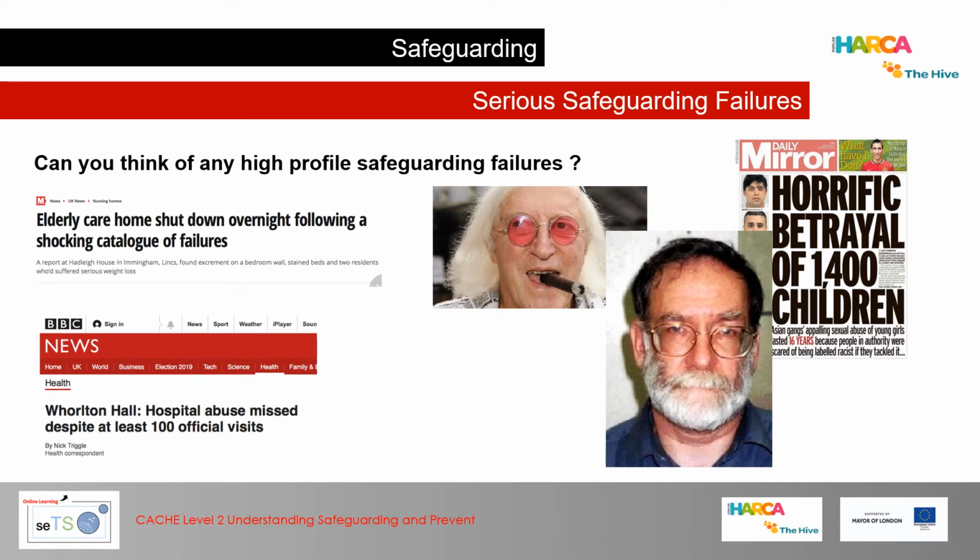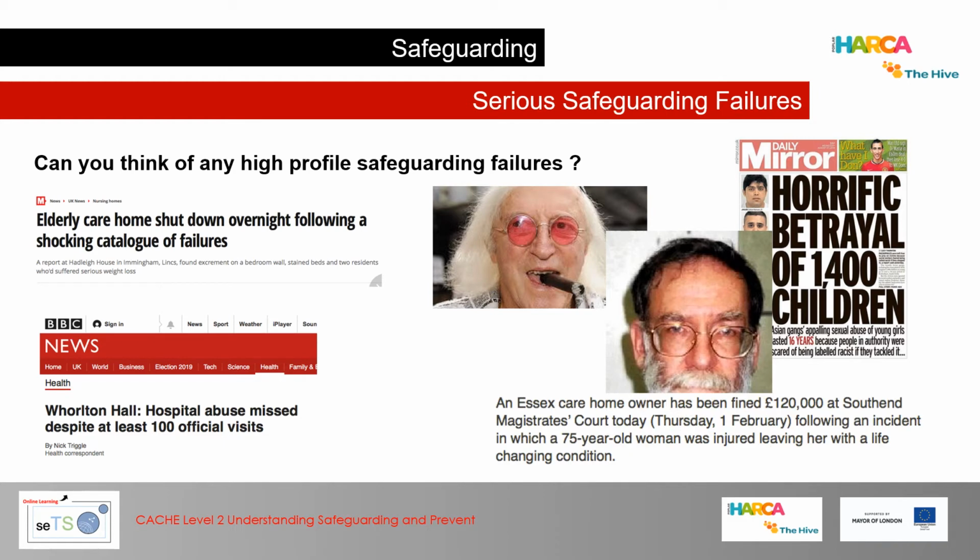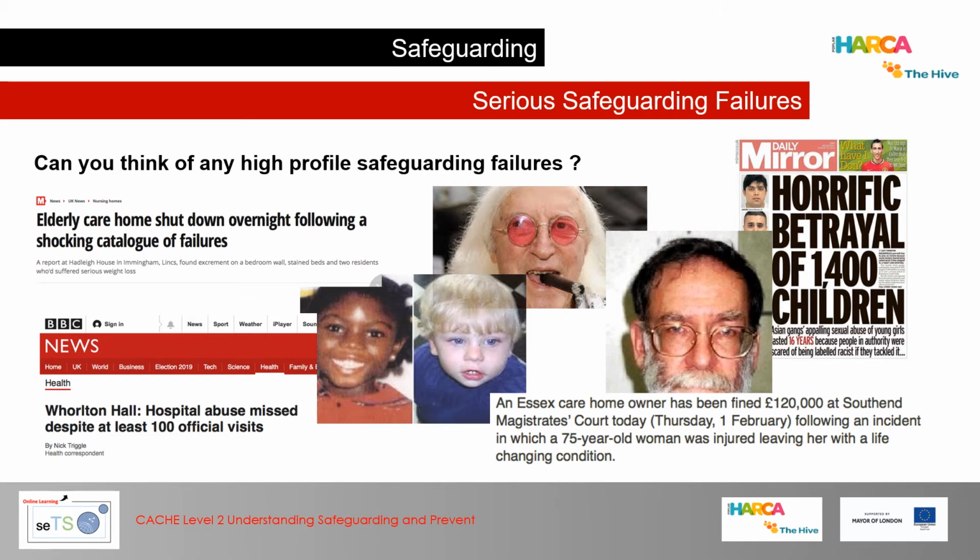Winterbourne View hospital abuse missed at least 100 official visits. An Essex care home owner has been fined £120,000 at Southend following an incident in which a 75-year-old woman was injured, leaving her with a life-changing condition. And Victoria Climbié and Baby P.